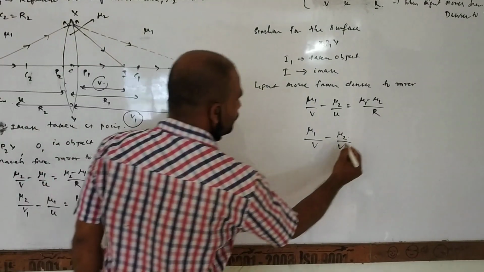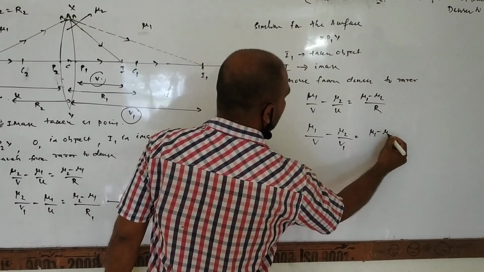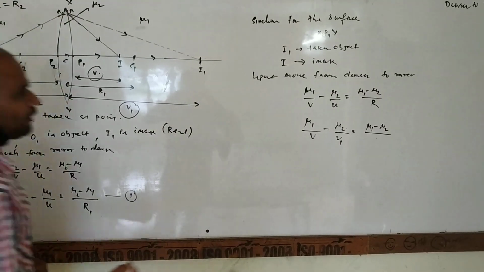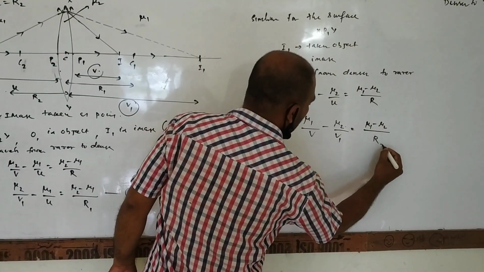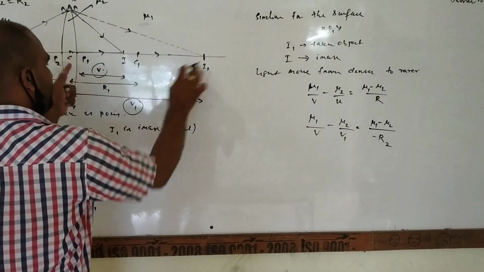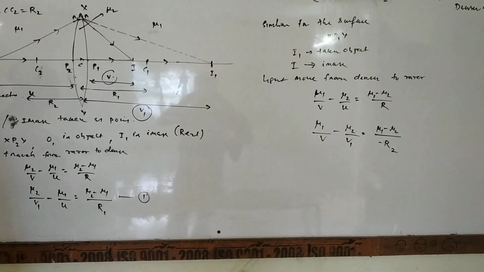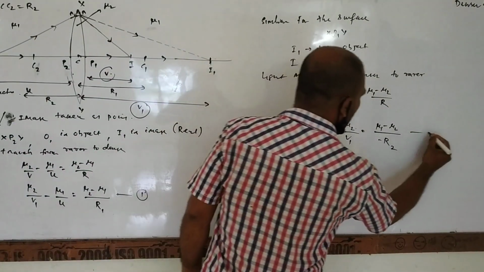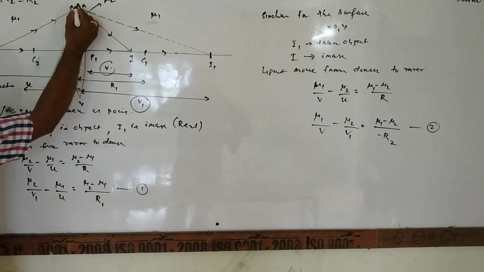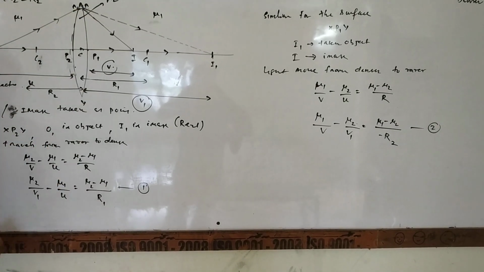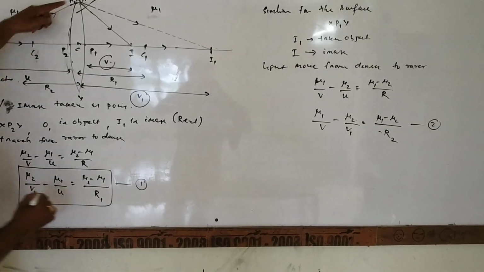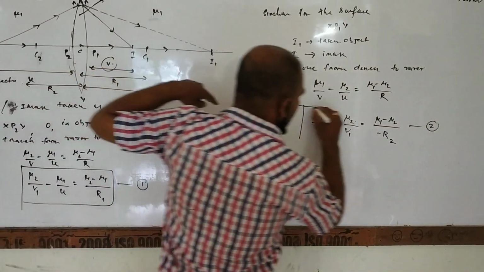This equals mu1 minus mu2 by r, and for the second surface it will be taken as R2, with a minus sign because one side is plus and the other side is minus. Take it as equation number 2. So for the surface XP2Y, this is the other form.